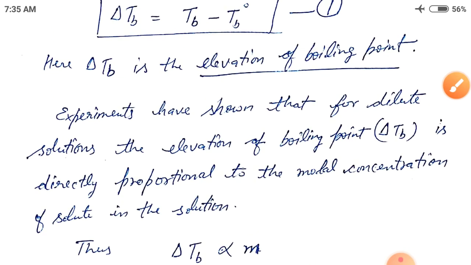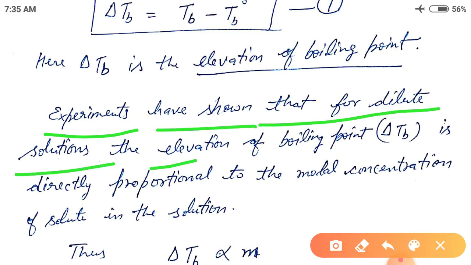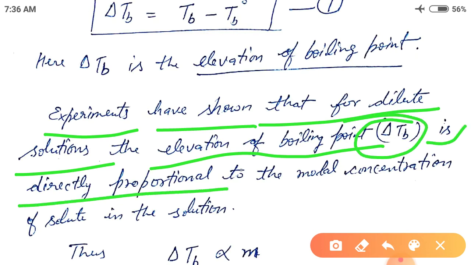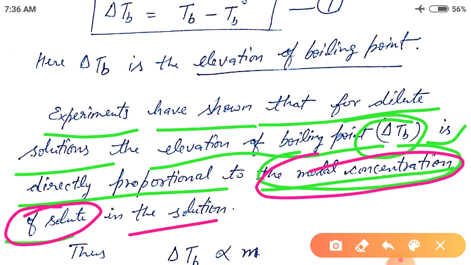But some experiments have shown that for dilute solutions, the elevation of boiling point delta TB is directly proportional to the molar concentration of solute in the solution.